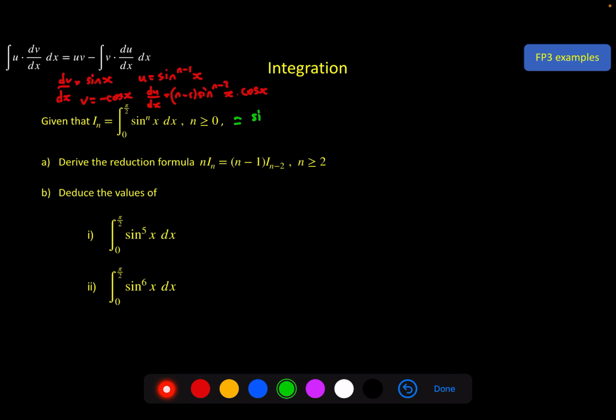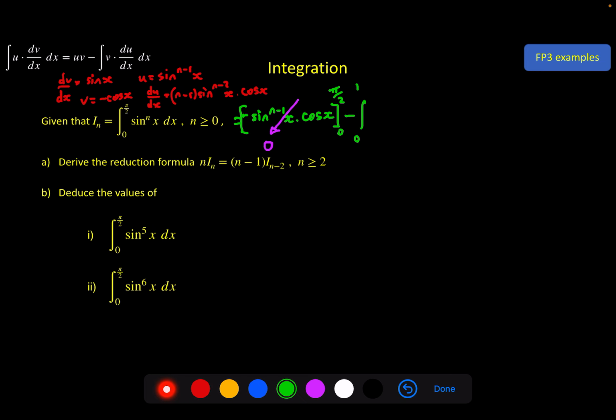So u is sine to the n minus 1 x, v is minus cosine x. And again, we've got the limits, so we need to put these in. And again, this is a good thing, because if you have a quick look here, sine of any power of x where the x you're putting in is 0, that will be 0. So everything will be 0. And cos of pi by 2 will be 0, so everything will be 0. So all of this is just going to become a big 0. Great.